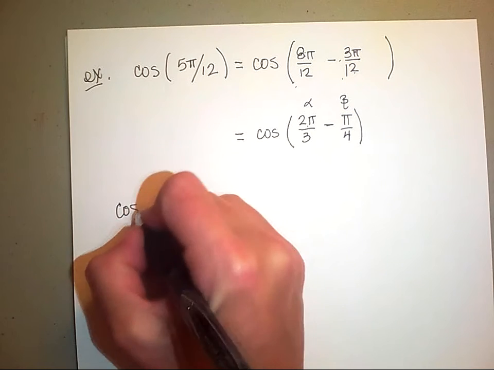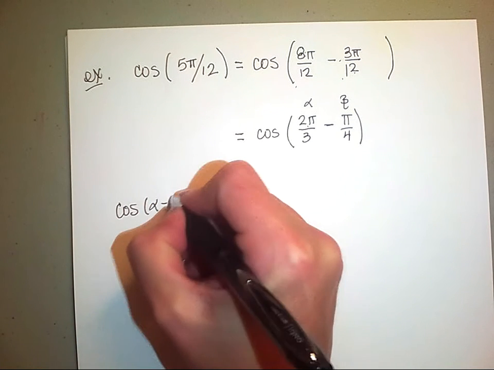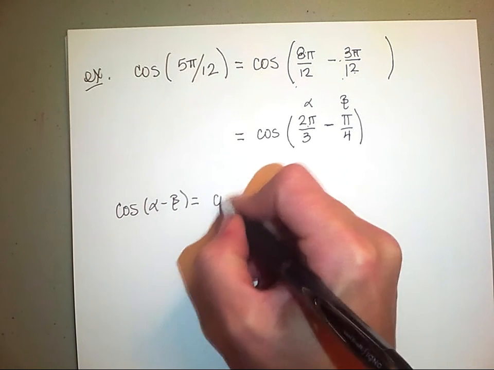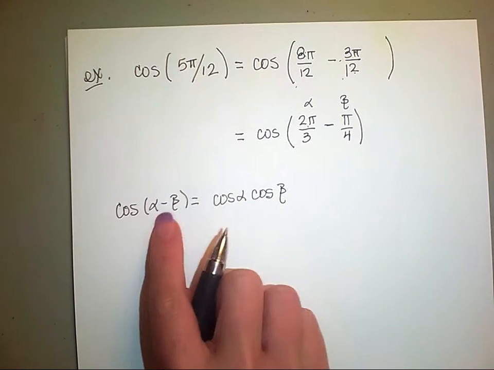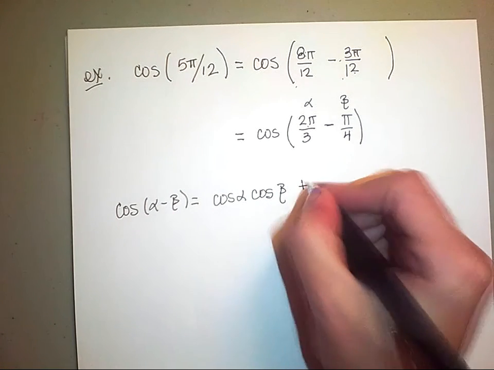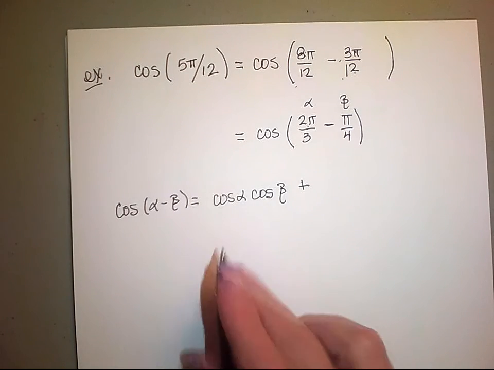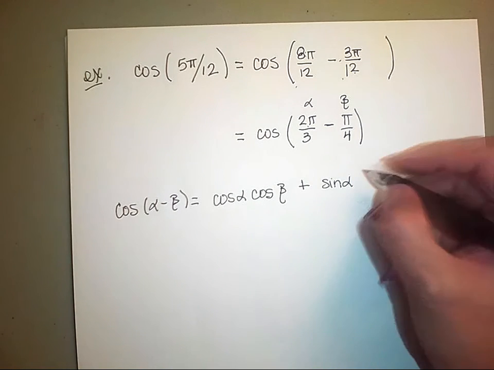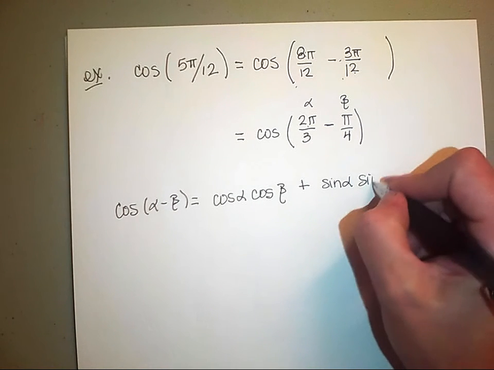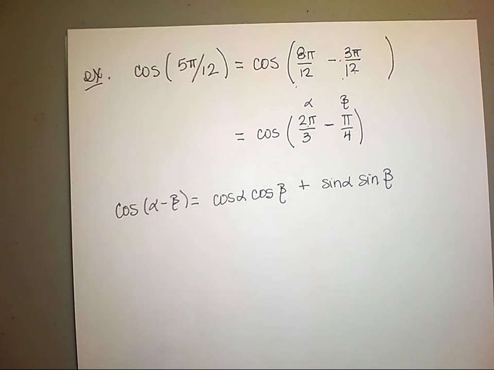So the cosine of alpha minus beta is the cosine of the first, always the cosine of the second. I'm in the cosine, so I take the opposite sign, and then the cofunctions, sine of alpha and the sine of beta.